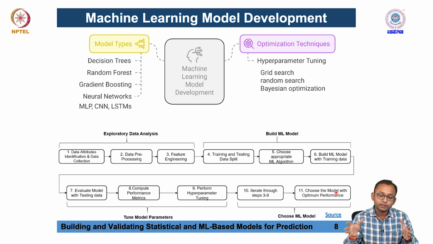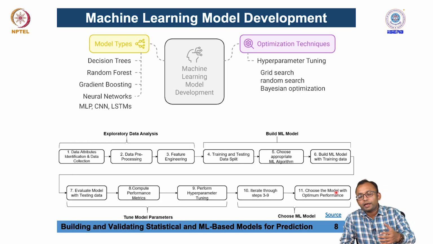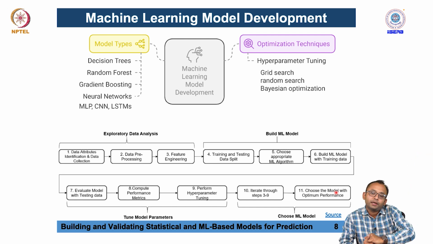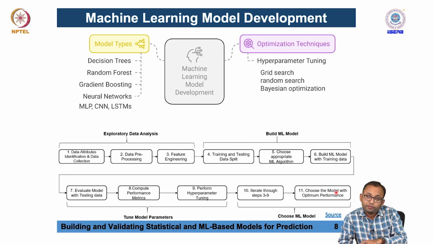Why do we do this? It is possible that one type of model gives you very good results for very extreme events, very high magnitude events, or maybe there is another type of model which is very good at low events or moderate events.